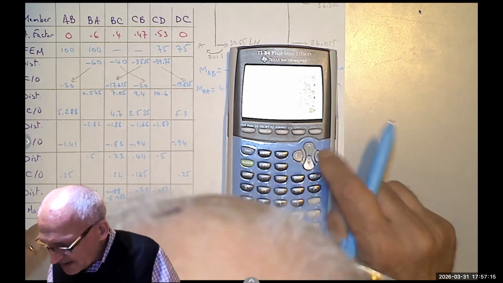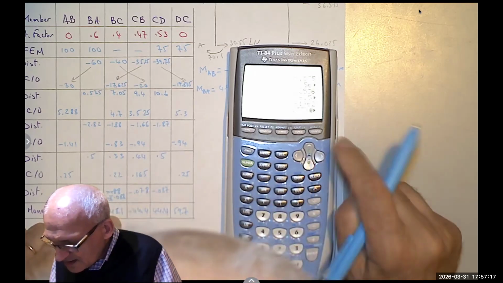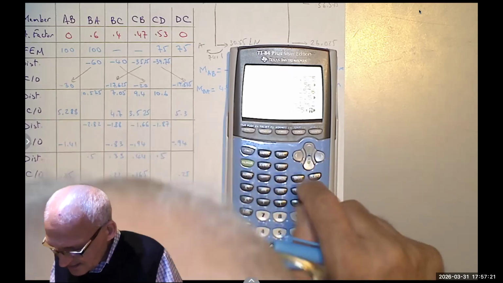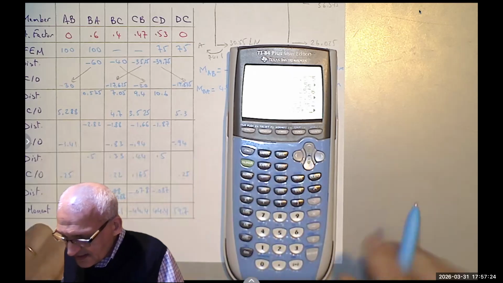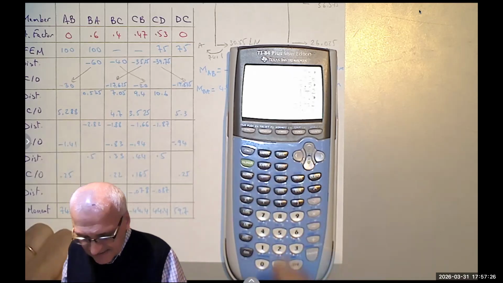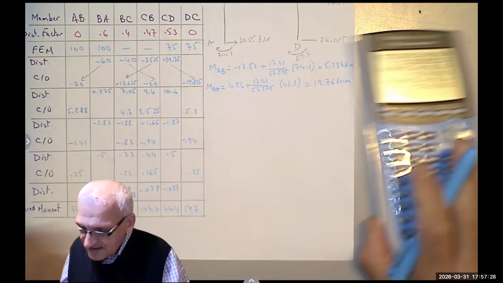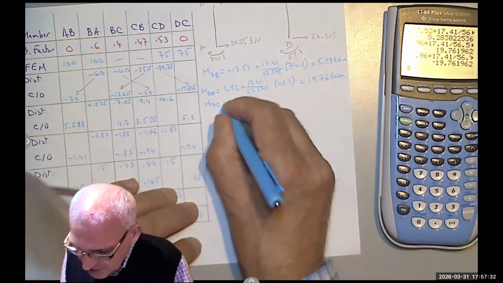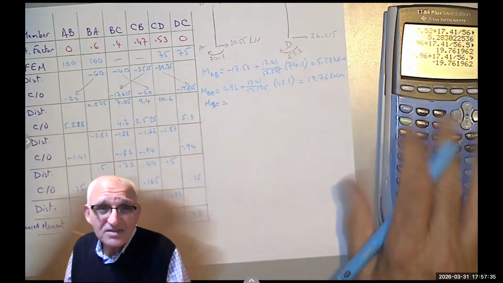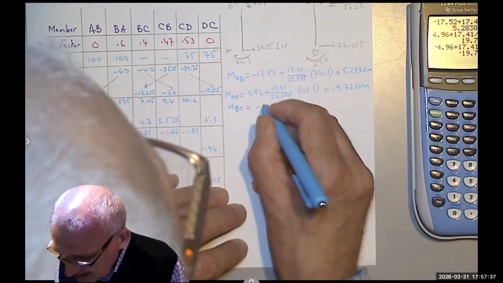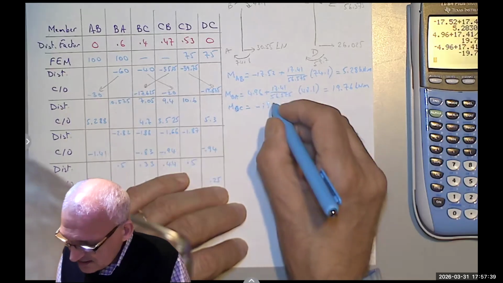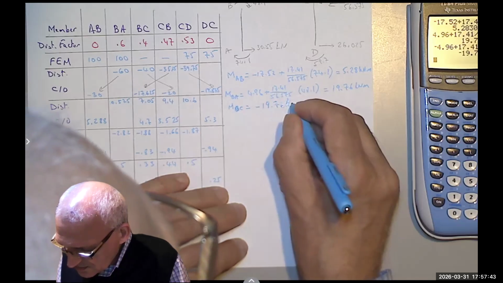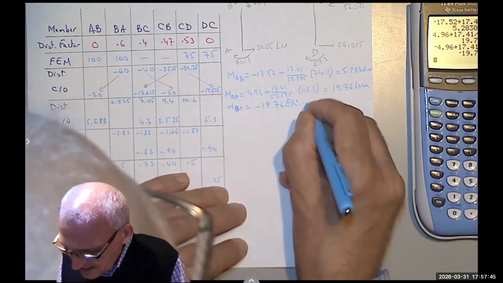So when I multiply, notice that I'm going to insert a negative sign. And of course, I should get the same exact result, negative 1976. So again, there is no reason to do that since I already know I'm using the same numbers. I'm just changing the signs. So negative 1976 kilonewton meter.